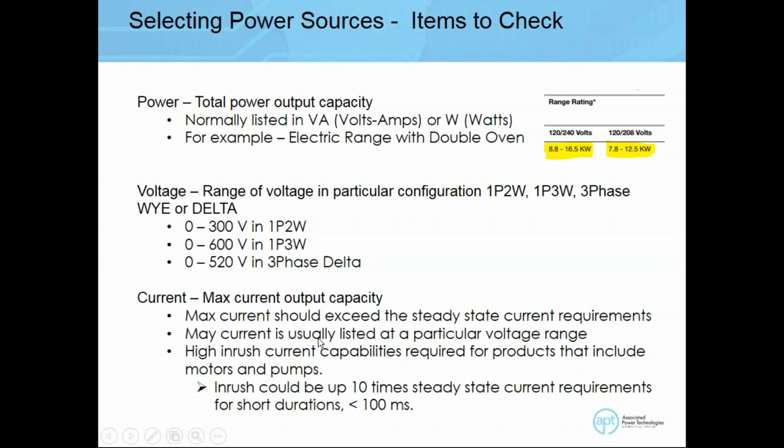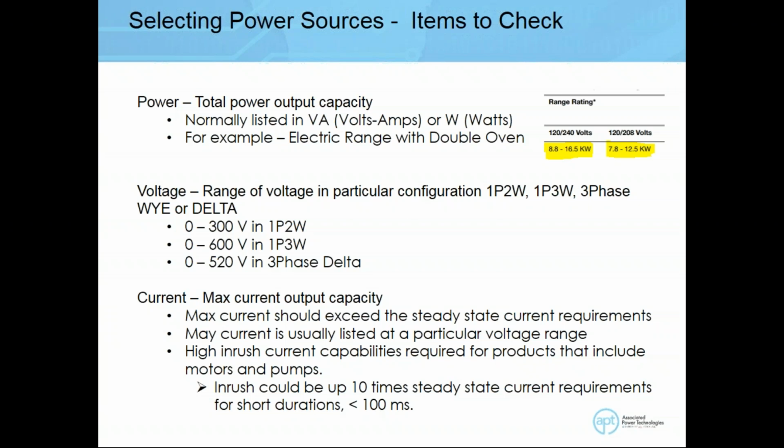So we looked at power requirements for your product and the voltage requirements for your product. The additional item that you want to check is the current draw. When we look at the input labels for the products, you're going to see what is known as a steady state current. For the max current listed on the product, you want to make sure that the specification for the source meets that current requirement.